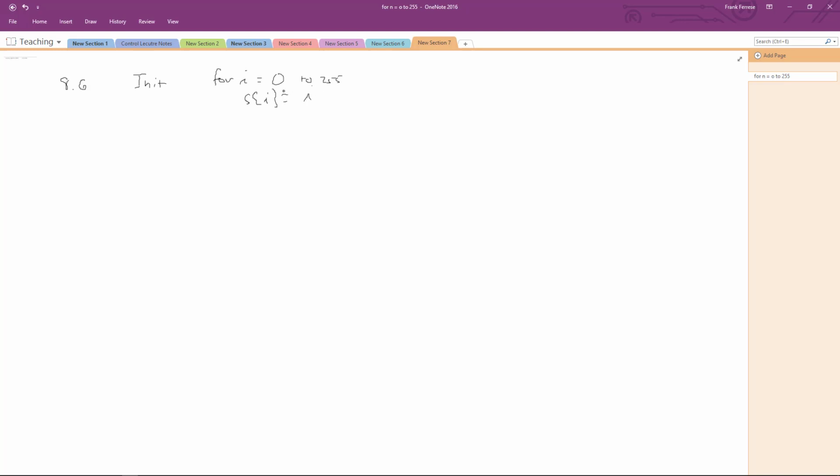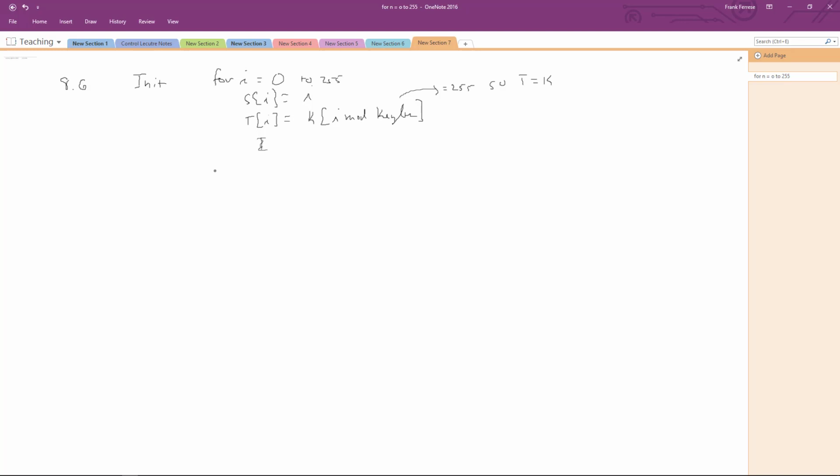So S sub i is initially populated with the values 0 through 255, and then T sub i is going to be equal to K of i mod key length. And for this problem, we're going to let the key length equal 255, and that way T will equal K, and that will simplify things for us.